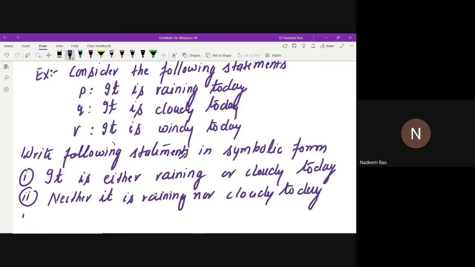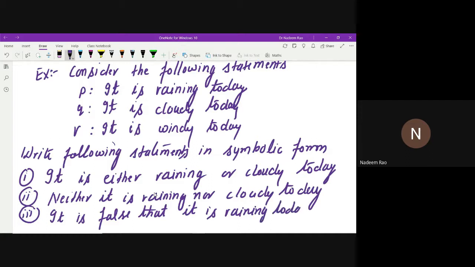And the third one is, it is false that it is raining today. And the fourth, but not windy.